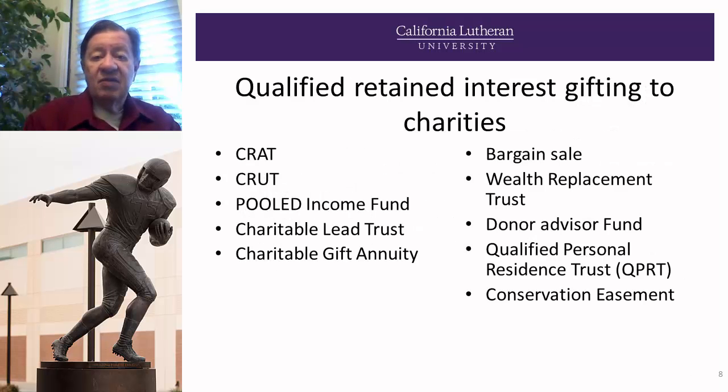Qualified retained interest gifting charities, these are the, let's see, 3, 4, 5, 6, 7, 9, 10. 10 we're going to go over in this class. Real quickly: CRAT, CRUT, Charitable Lead Trust, Charitable Gift Annuity, Bargain Sale, Wealth Replacement Trust, Donor Advised Fund, Qualified Personal Residence Trust, and Conservation Easement.